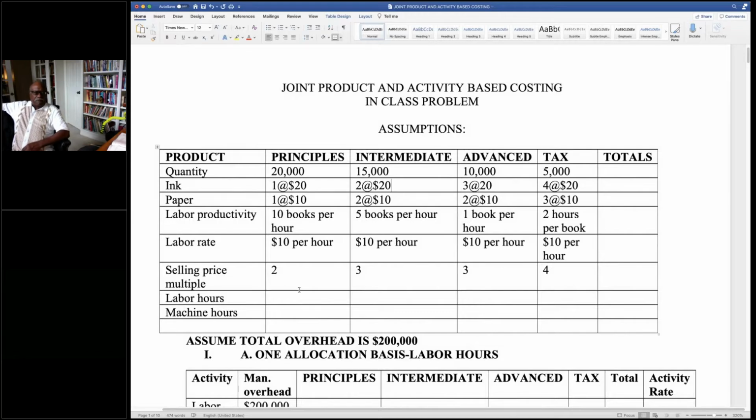Don't we just multiply or divide the quantity to be produced by the labor productivity rate?